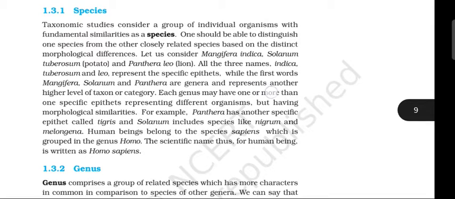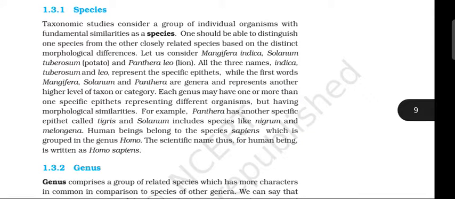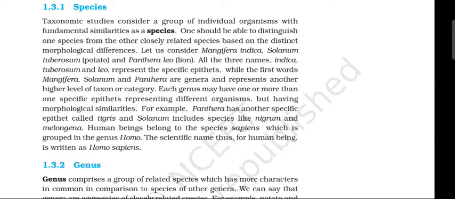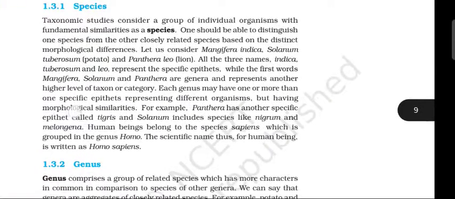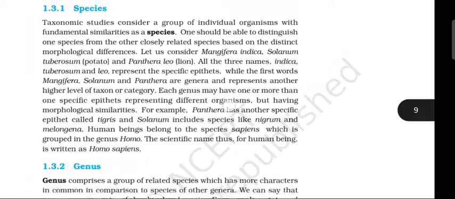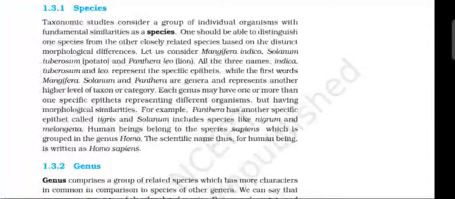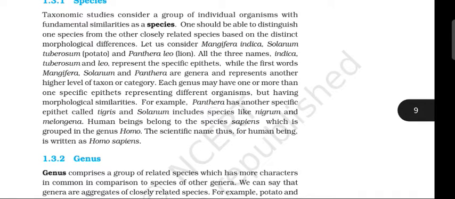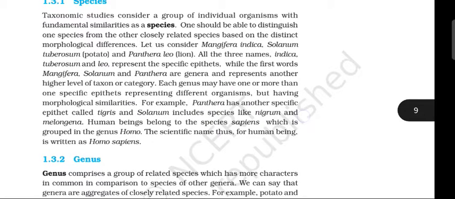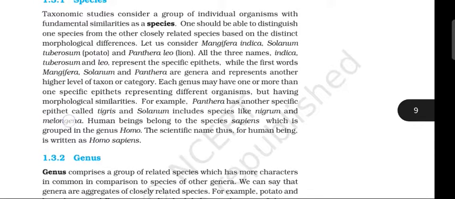Each genus may have one or more than one species epithet representing different organisms but with morphological similarities. For example, Panthera has another species epithet called tigris, and Solanum includes species like nigrum and melongena.